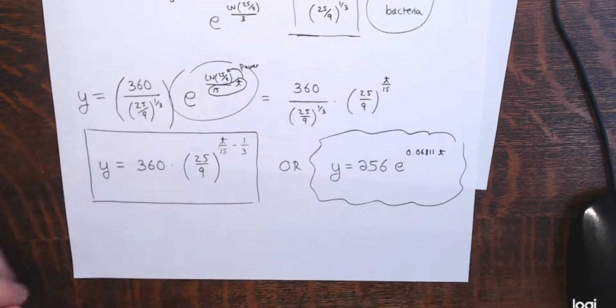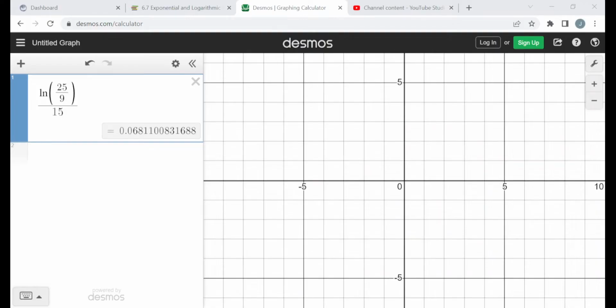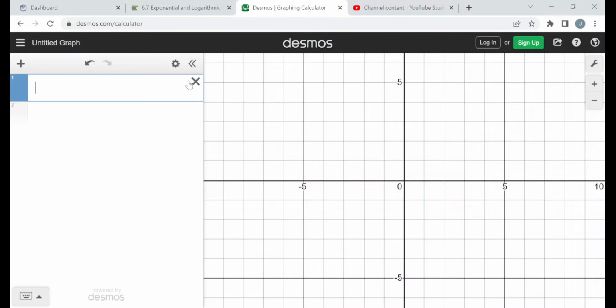And again, you can look at graphs of these and see that they're basically the same. In fact, I will show you that. Let's graph both of these here. We have y equals 360 times 25/9 raised to the t divided by 15 minus a third.